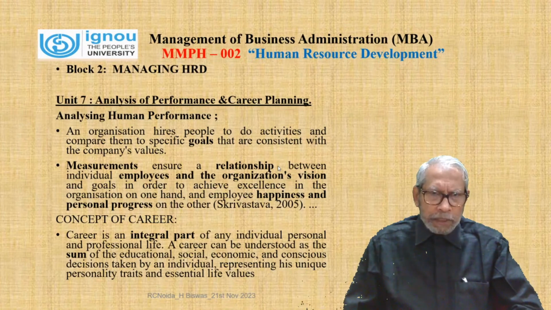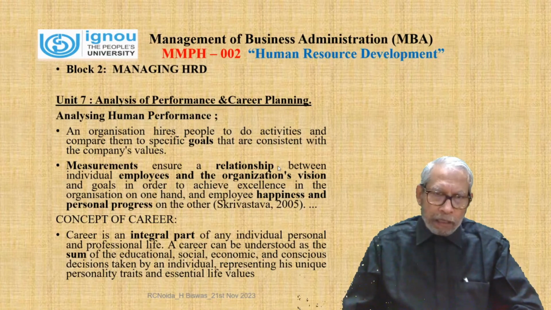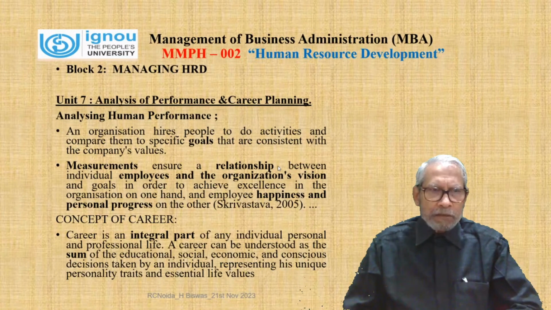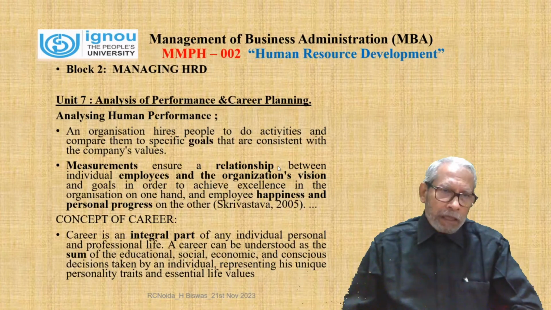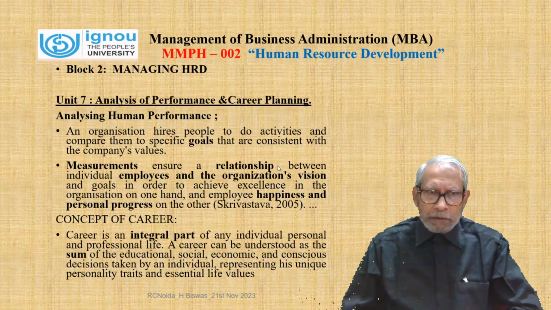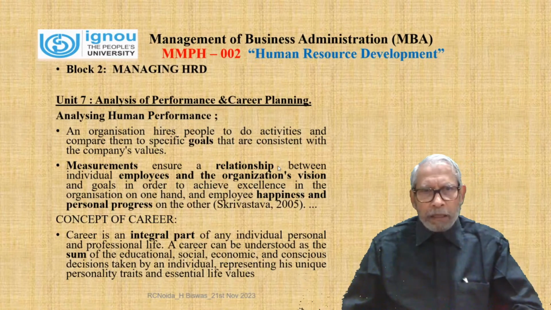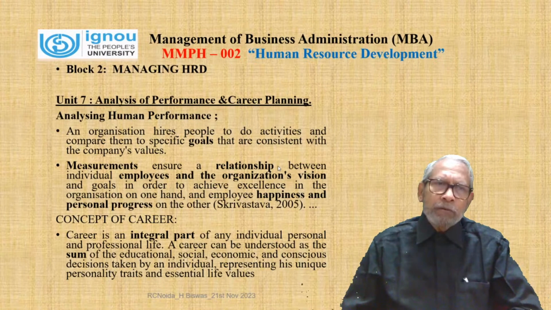You just want to say that happiness is important and personal growth and progress is also important. Then it can be the relationship also. These are all functions. Basically, good relationships, happiness is one of the functions. Personal progress is one of the functions. Then it has to be measurable, and management has to take care accordingly.